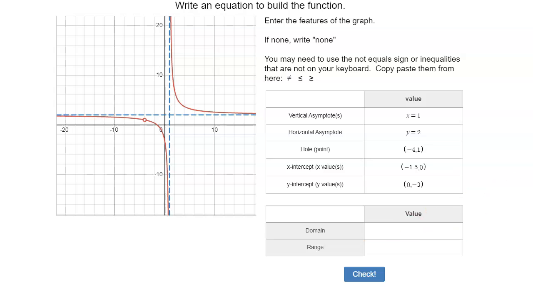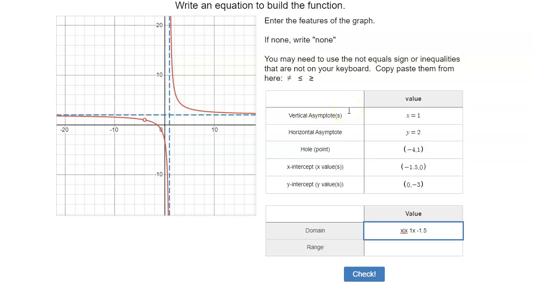So our domain, where we're going to write this with a comma, we have the domain cannot be where our x value is 1 at our vertical asymptote.